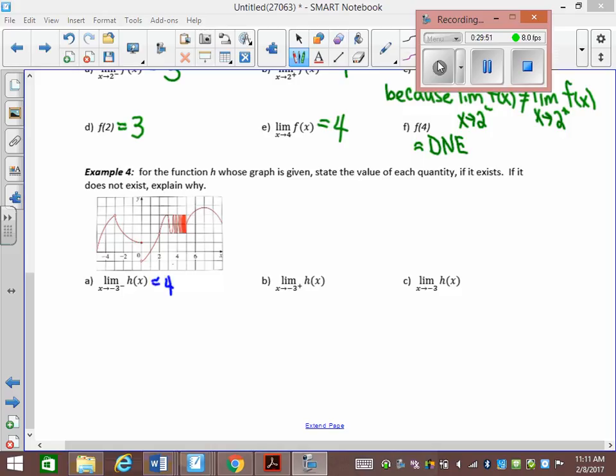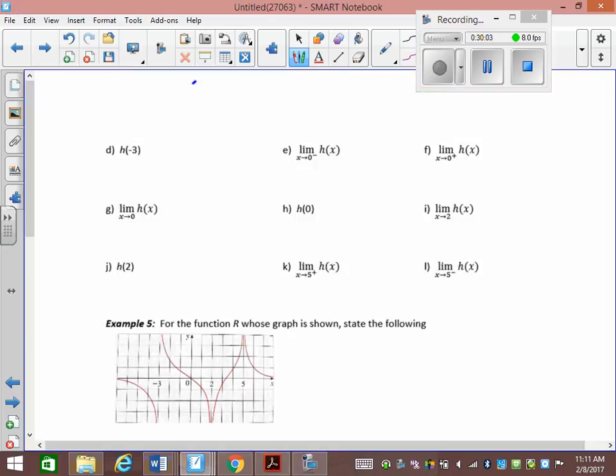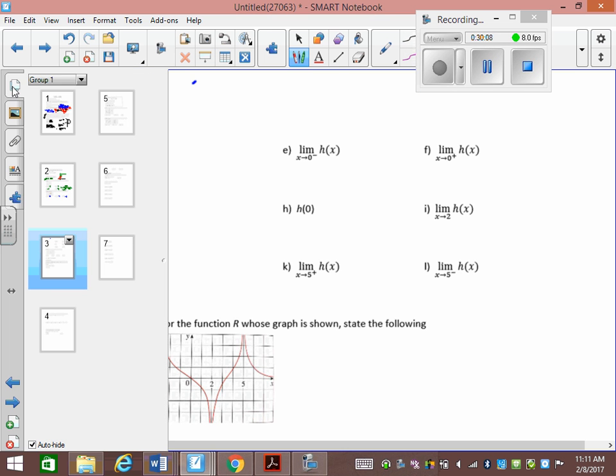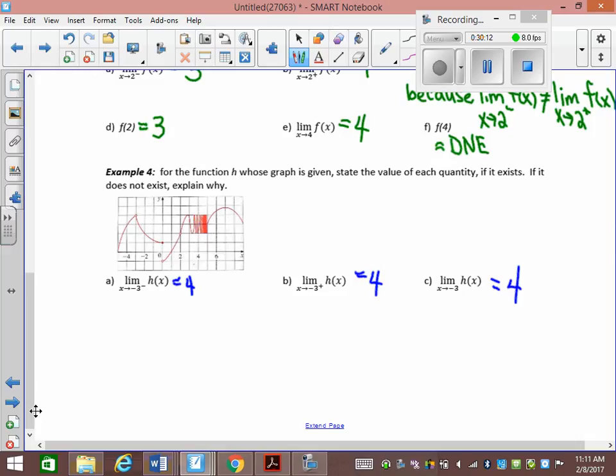From the right, I'm approaching 4. So the limit at -3 is 4, because from the left and the right, it's the same. Then here I have h of negative 3. What was h of negative 3? It doesn't exist because there's an open dot.